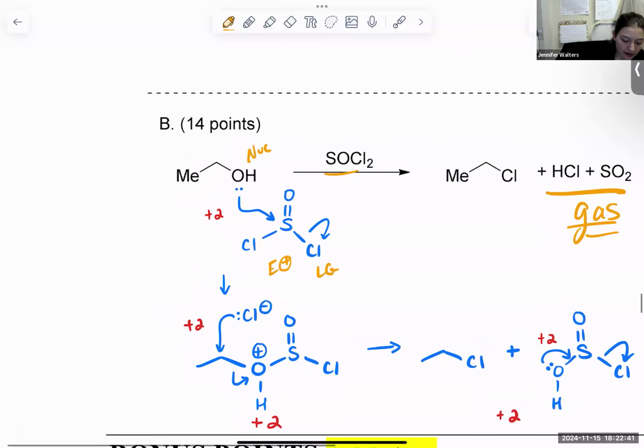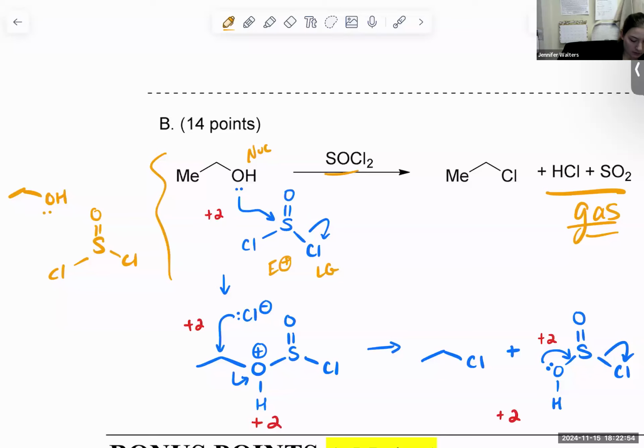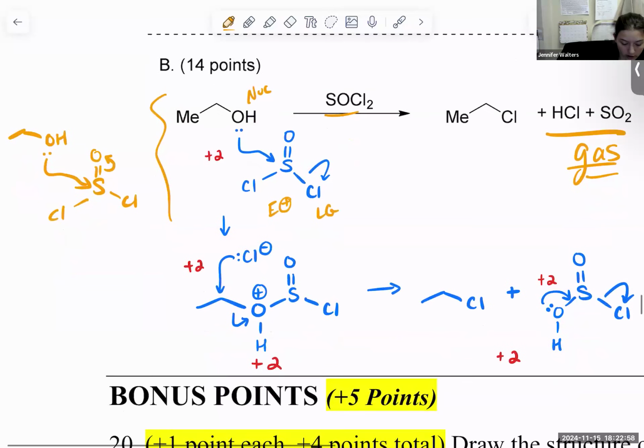I don't think anybody did this, but if you did, you receive full credit. If you did an addition elimination reaction, so if you try to treat this like a carbonyl, which if you have me for Orgo 2, this is actually the mechanism that I'll want you to do.